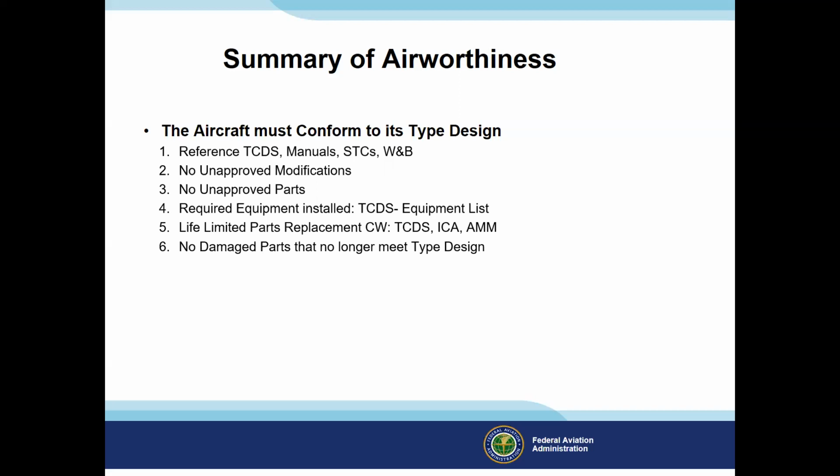Required equipment must be installed. Life-limited parts replacement has to be complied with, and we check the type certificate data sheet, the instructions for continued airworthiness, and the aircraft maintenance manuals to find the life-limited parts. And there are no damaged parts that no longer meet type design.